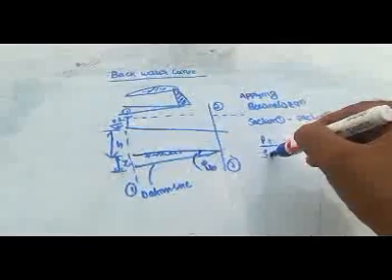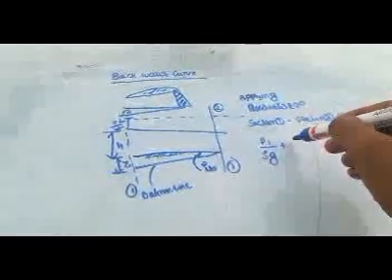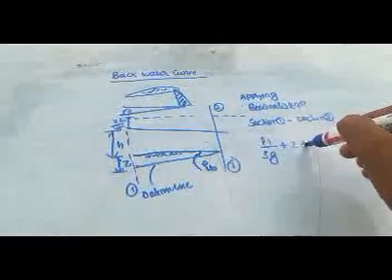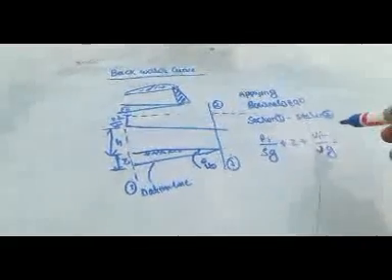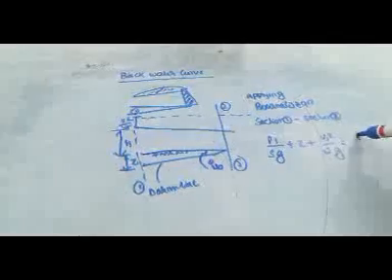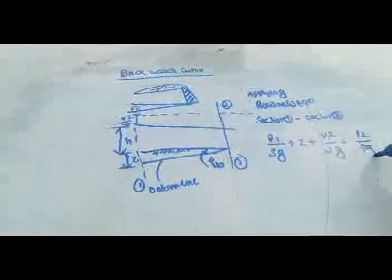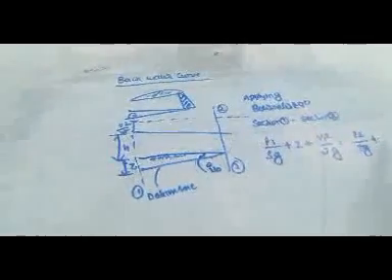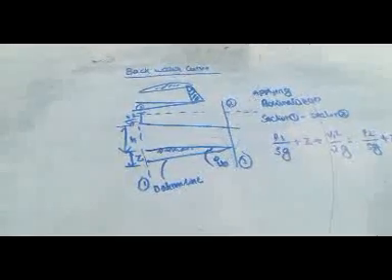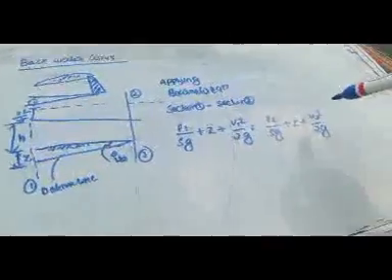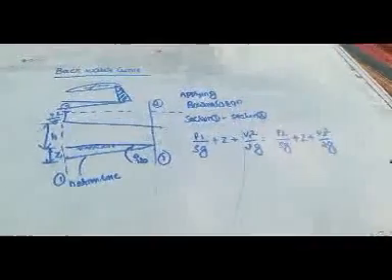It means P1 by rho g plus z1, where z means datum height, plus v1 square by 2g, and in section 2 the same, p2 by rho g plus z2 plus v2 square by 2g.